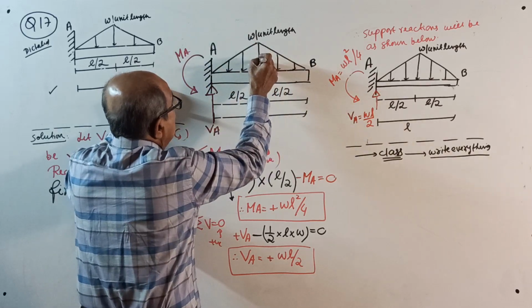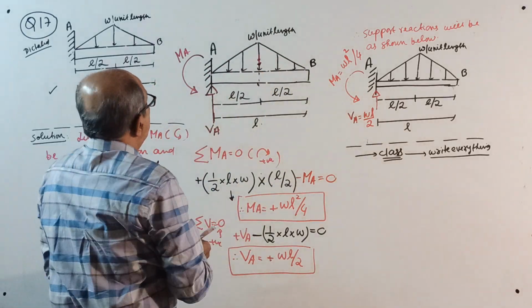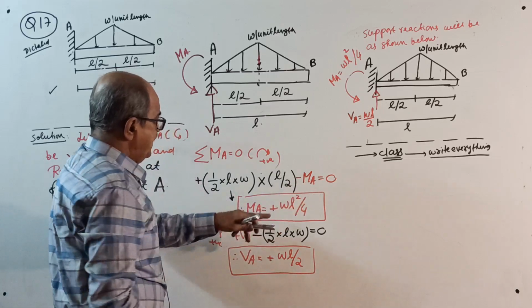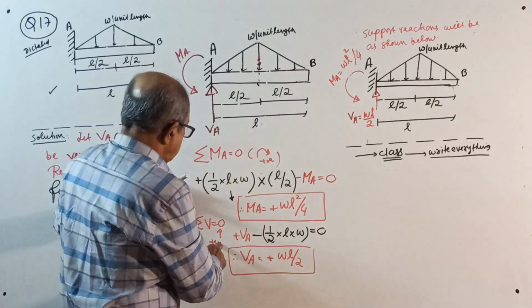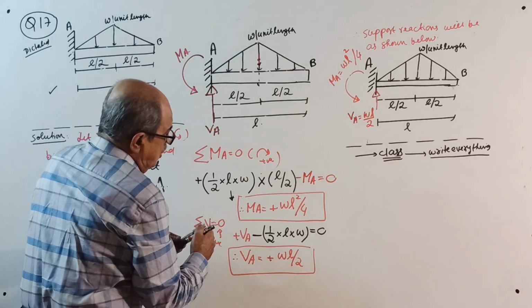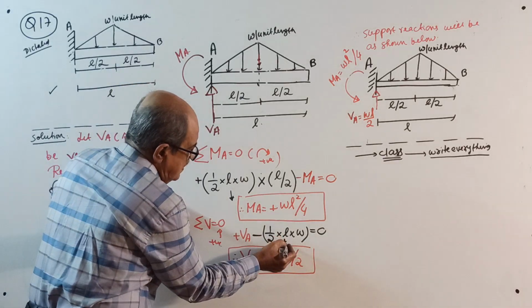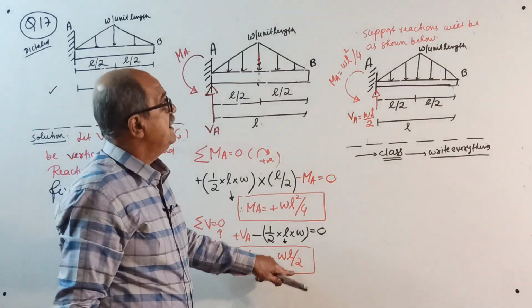The resultant load will pass here. So directly into L by 2 minus MA equal to 0. MA will come WL square by 4. Sigma V equal to 0, upward positive: VA minus the total load, half into L into W, equal to 0. VA will come WL by 2.